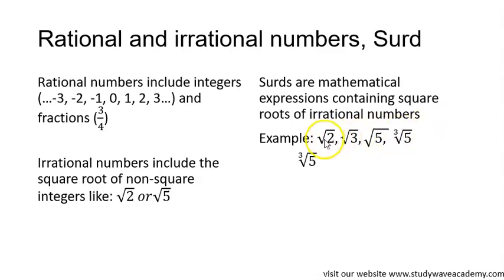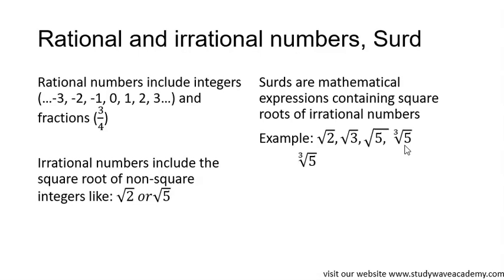When you look for the square root of 2, it's not a whole number, it's an irrational number, right? When you look for the square root of 3, it's not a whole number. The square root of 5, it's not a whole number. The cube root of 5, it's not a whole number.